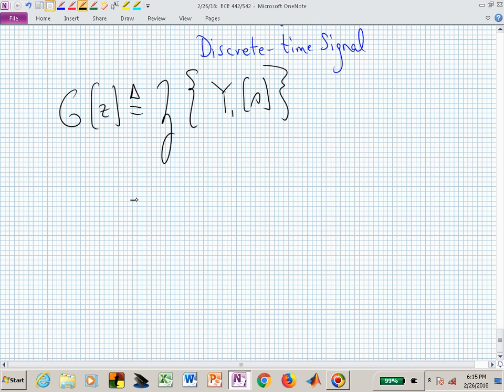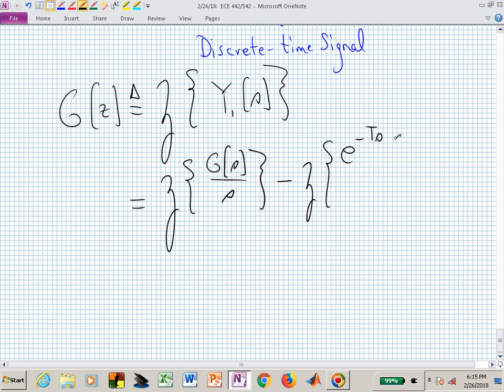So that now I have G of z as the z transform of G of s over s minus the z transform of e to the minus Ts times G of s over s. And now we remember what we are holding in our hip pocket. We know what e to the minus Ts looks like in the z domain. That's just a one sample period delay. That's a z to the minus 1. So we can actually pull that outside the z transform and replace it with this operator z to the minus 1.